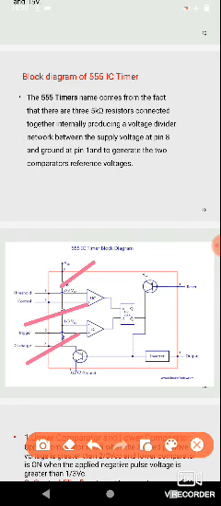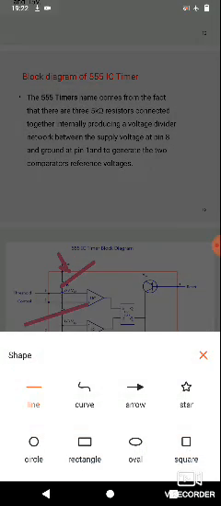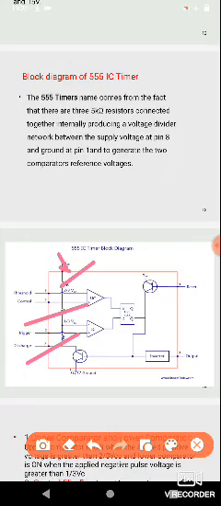We already know that pin 8 is the supply voltage, and pin 1 is used for grounding, to generate the two comparators' reference voltages. This is one comparator, called the upper comparator, and this is the other, called the lower comparator.